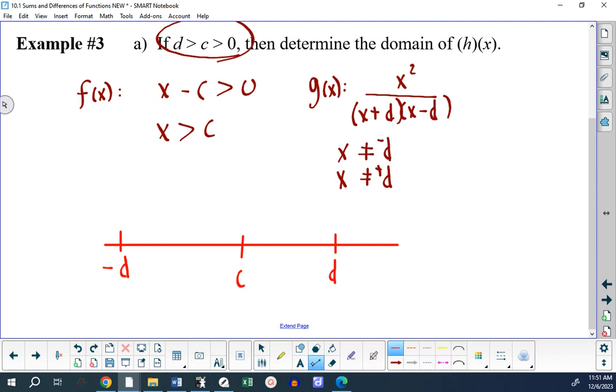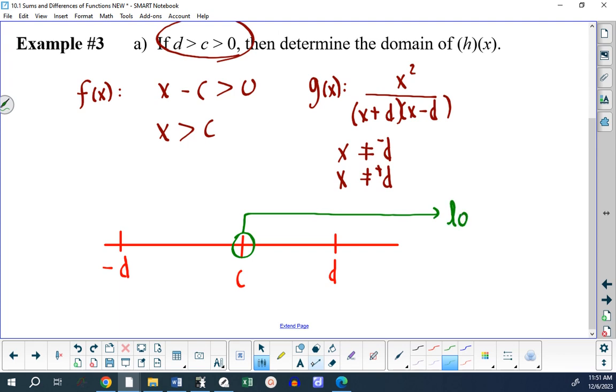I mean, d is positive, but that means negative d is negative. And our logarithmic function has this domain. This is for log base b of x minus c. And our rational function has this for the domain.